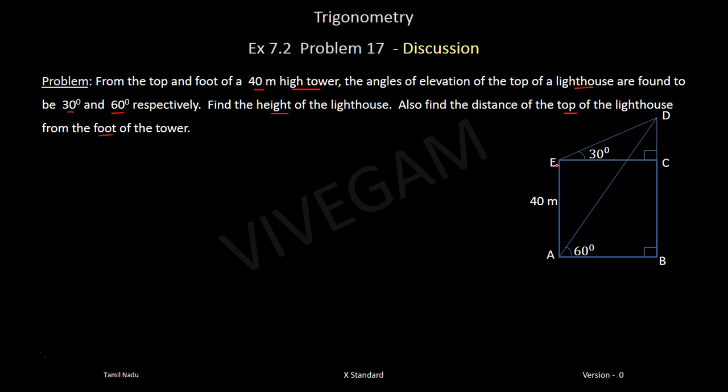So here AE is the tower, then BD is the lighthouse, right? Now what do you need to do? Mark this height to be 40 meters. This is given. From the foot and the top of the tower you are observing the top of the lighthouse.